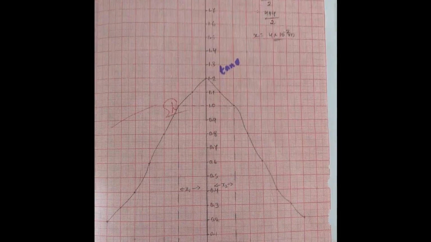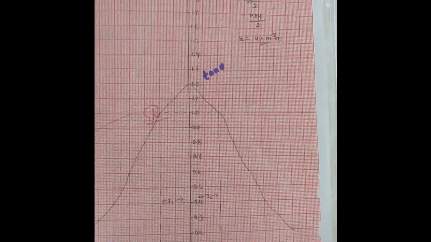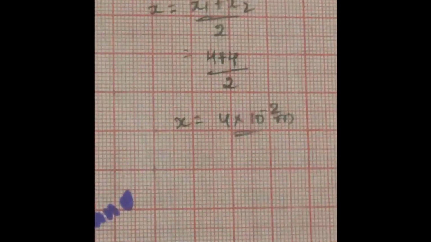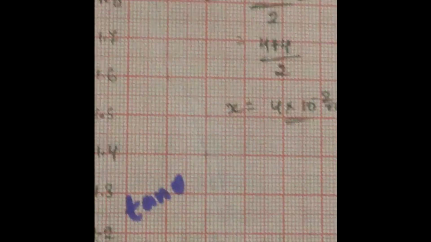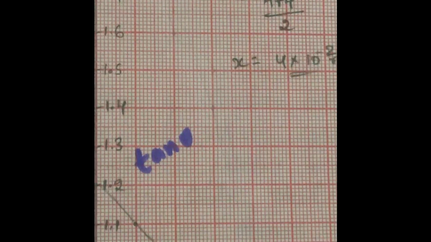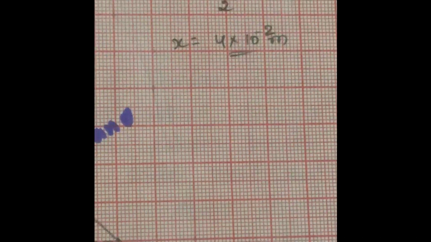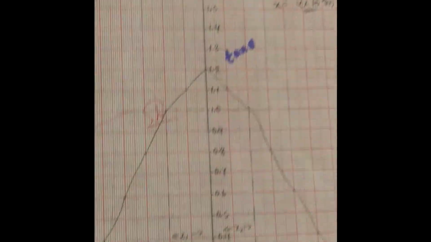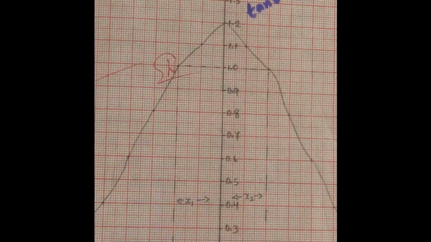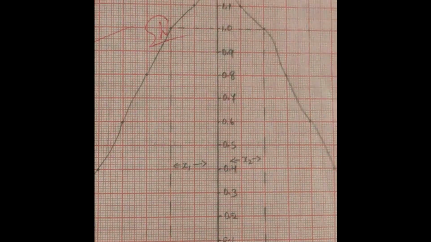From the graph we can calculate the value of x. The value of x is equal to x1 plus x2 whole divided by 2. So that is given by x is equal to 4 centimeter or 4 into 10 power of minus 2 meter. So that can be calculated with the help of the graph.